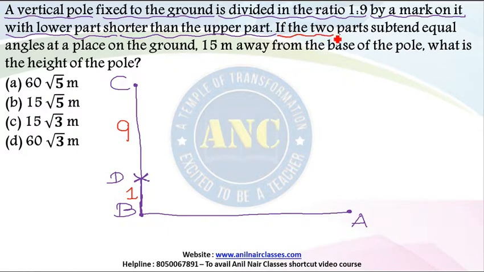Next, if the two parts subtend equal angles at a place on the ground, there is a place on the ground.